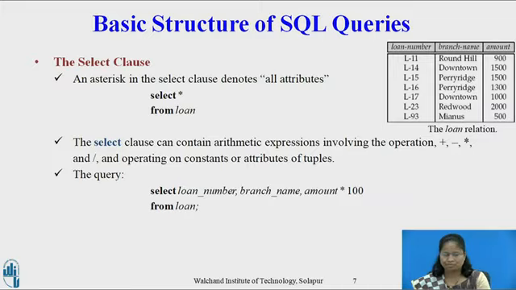The query select loan number, branch name, amount * 100 from loan would return a relation that is the same as the loan relation except the attribute amount is multiplied by 100.